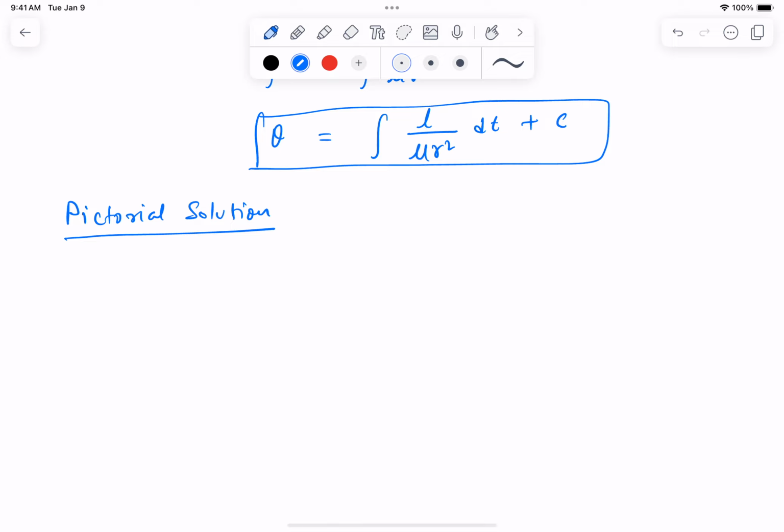We are interested in this fictitious potential, V fictitious equals V of r plus L square by 2 mu r square.